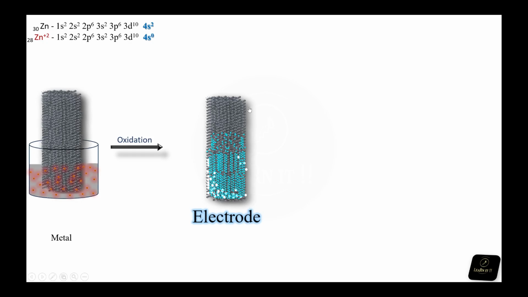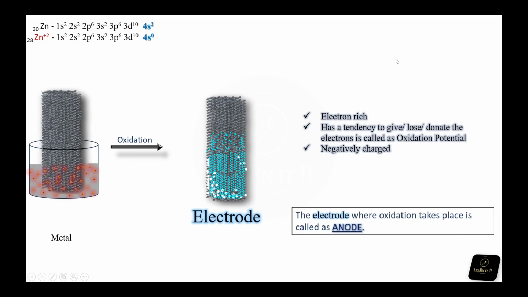and this electrode is electron rich, and because there is an excess of electrons, it has a tendency to give, lose or donate those electrons, and this tendency is called oxidation potential. As the electrons are accumulated, this rod is negatively charged. The electrode where oxidation takes place is called the anode.